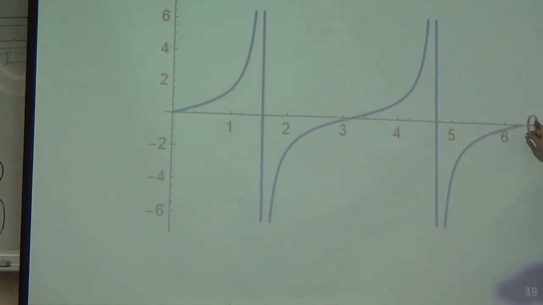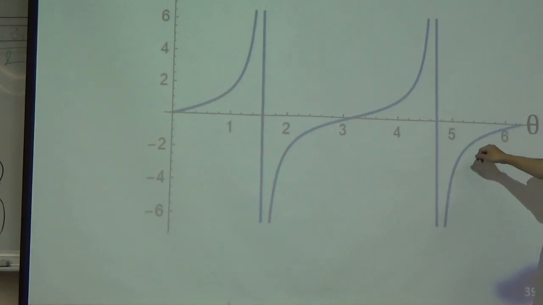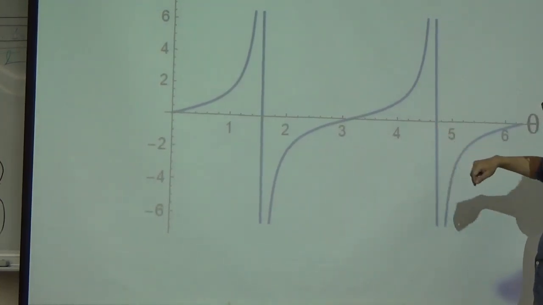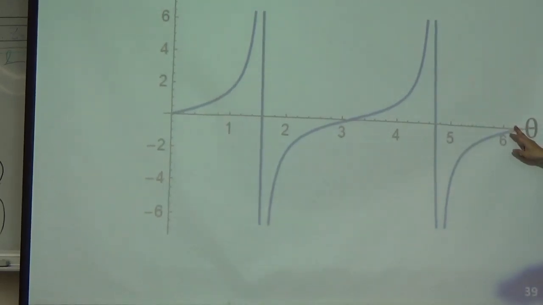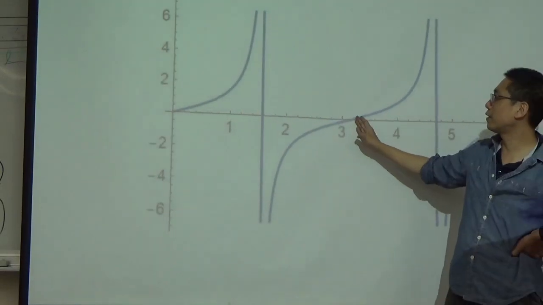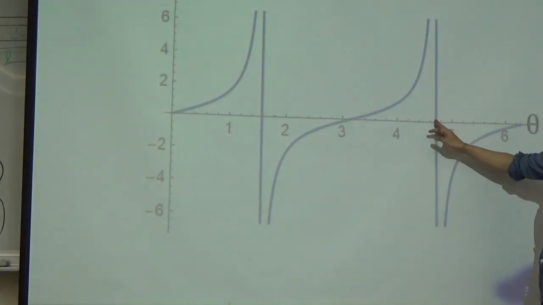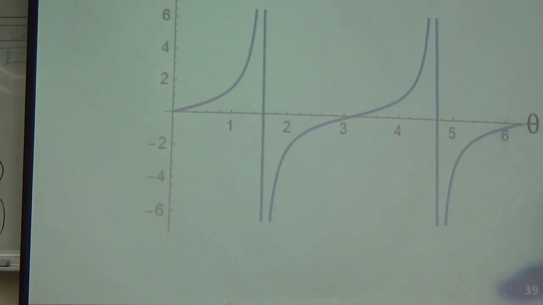If there's a theta, your phase, at this point it is 4 pi, 2 pi here, and pi here, and this is pi over 2, and 3 pi over 2 here. Okay, tangent theta.